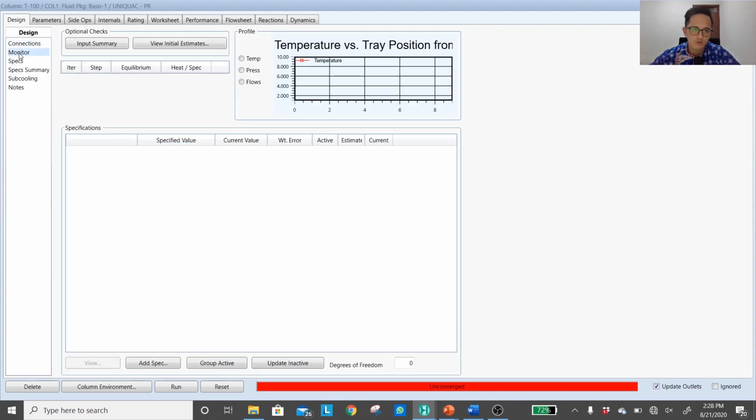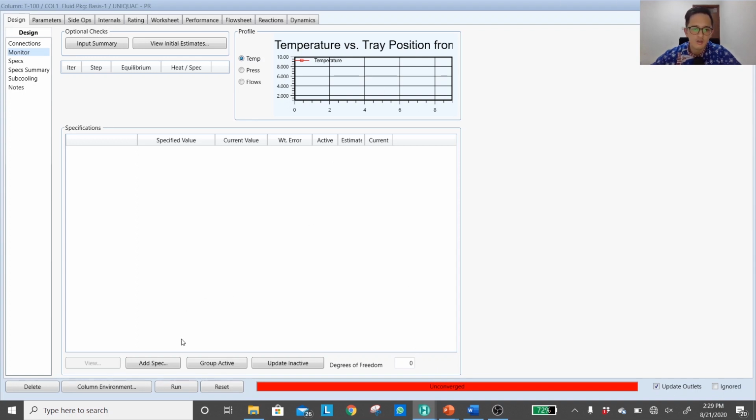Once you do that and go to the monitor, you probably notice that the degree of freedom is already 0 without having to specify anything. Okay, so different from the rigorous distillation, because we don't have any reboiler and we don't have any condenser in the absorber, so we can't define anything. If we put some number in the spec over here, that will make it an over specification.